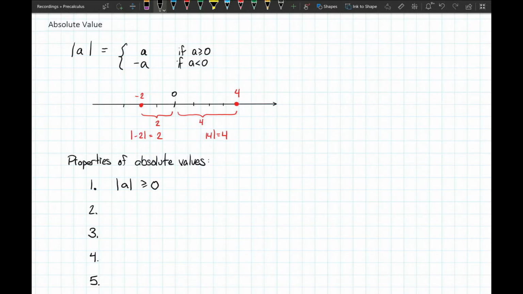Okay, so the second property, if you think about it, there's always two numbers that are equidistant from 0. So 4 is 4 units from 0, but -4 is also 4 units from 0. Likewise, -2 is 2 units away from 0, and so is +2. They have exactly the same distance.